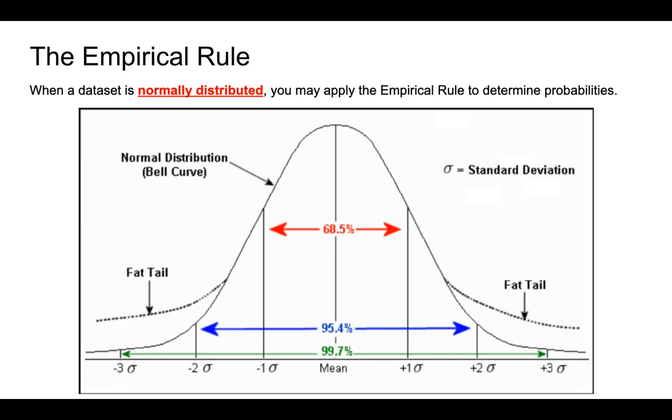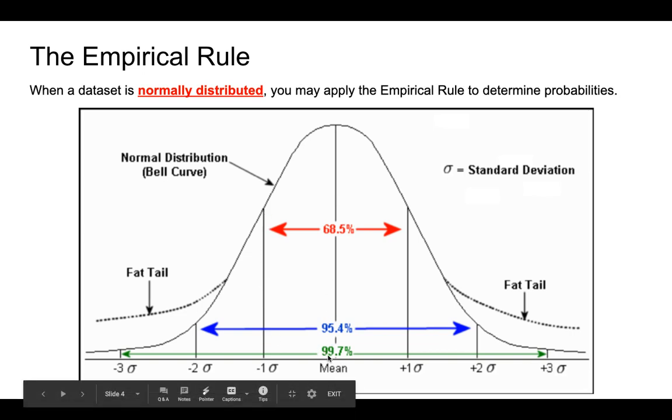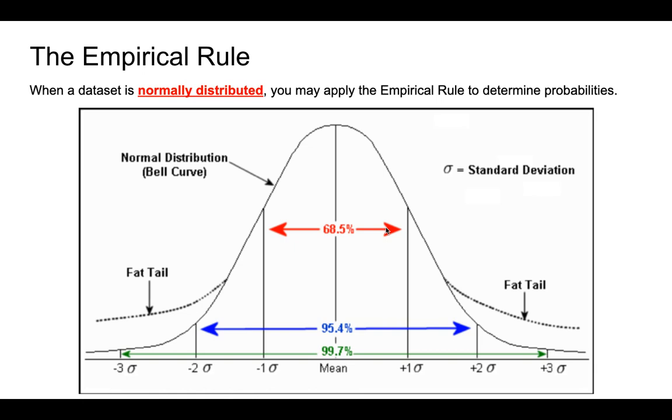When a dataset is normally distributed, you may apply the empirical rule to determine the probabilities of a score falling within that grade band or within that score range. This is showing us if the mean is in the center, you have 1 standard deviation to the left and 1 to the right. 68.5% of the data falls within that band.